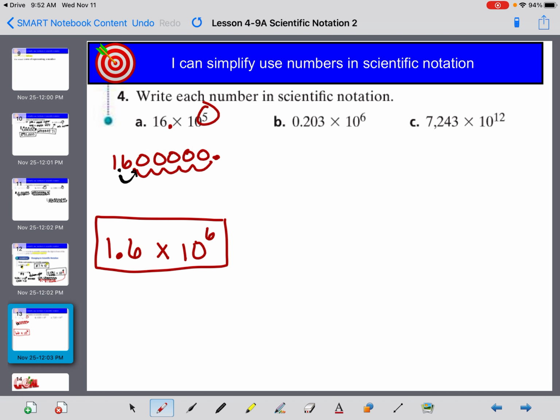Letter B. From where the decimal currently stands, I'm supposed to move the decimal point 6 places to the right. This is not in proper scientific notation. I know that because this first number here is not a number between 1 and 10. The decimal, however, when I look at it, should be right here. 2.03 times 10.